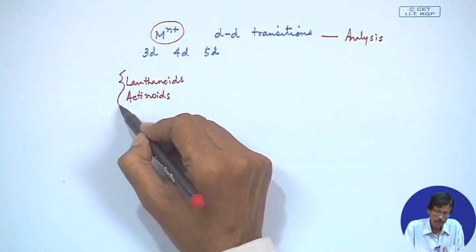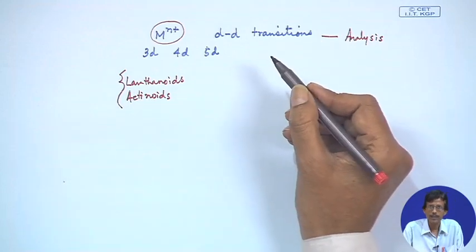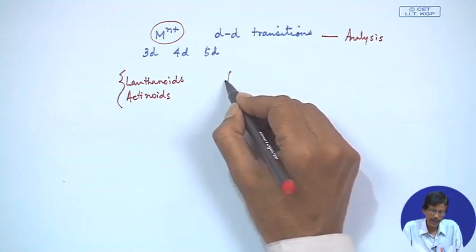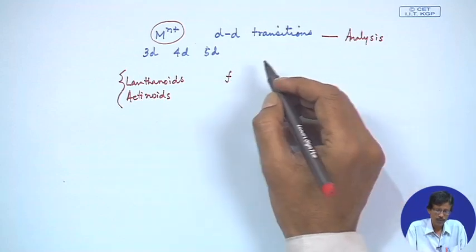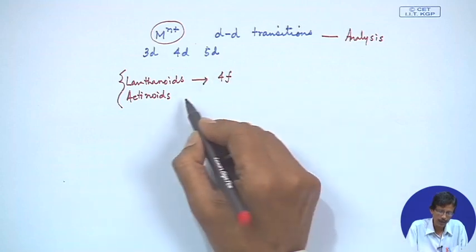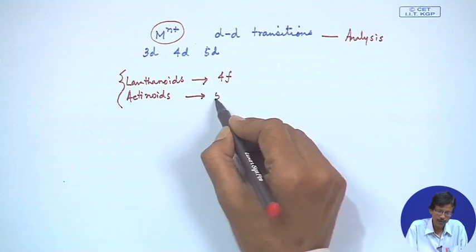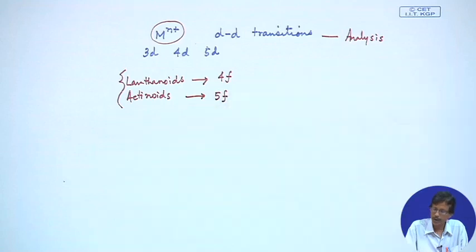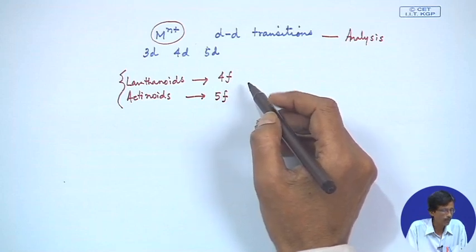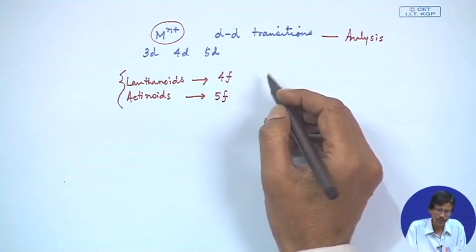But as per definition, these metal ions in the periodic table belong to the category where we have f electrons. With 4f electrons, we all know these are the lanthanoids, and containing 5f electrons, they are actinoids. The nature and type of these electrons are completely different.